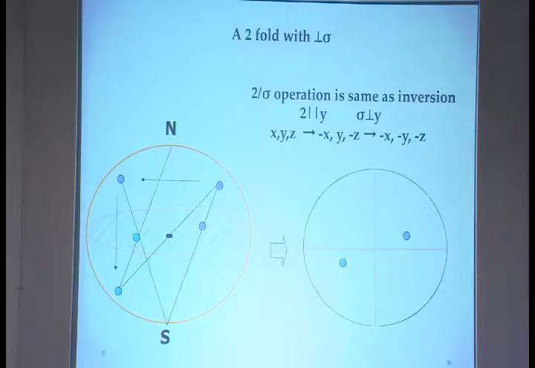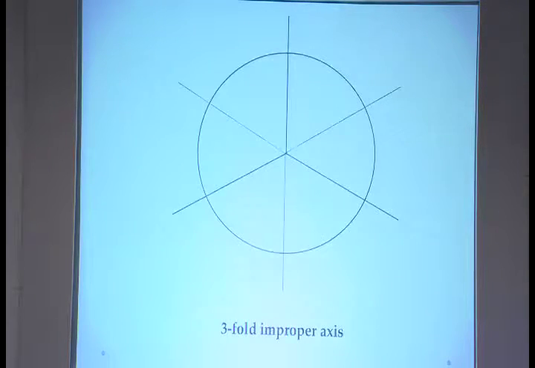And now if we have a mirror plane which is perpendicular to y, you end up with a minus x, minus y, minus z position. Which means that if you do a 2-fold operation combined with a mirror, this is the same as an inversion. So these are improper axes in the sense that you are doing a rotation followed by reflection.